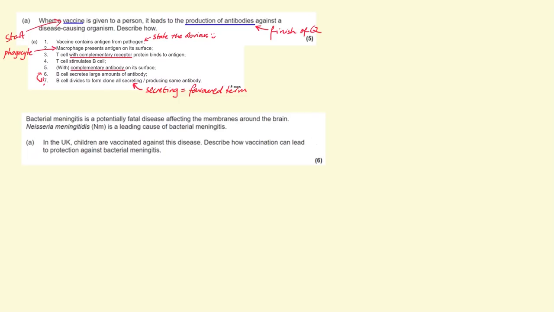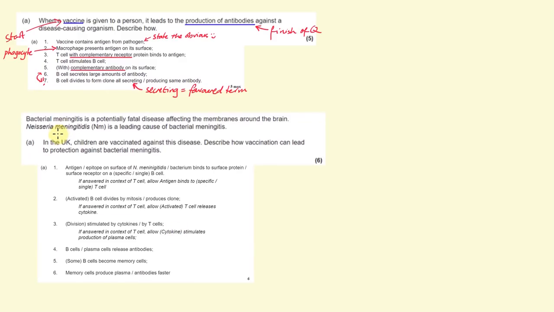This next question appears to be very similar, but the start and the end of the question are slightly different. Because the start of the question is again about being vaccinated, but the end of the question is how it leads to protection against the pathogen. And protection means immunity. You need to talk about the memory B cells. So once again in blue, I am going to underline what I think are the minimum simplest answers. So an antigen on the surface of the bacterium binds to a receptor on a B cell.